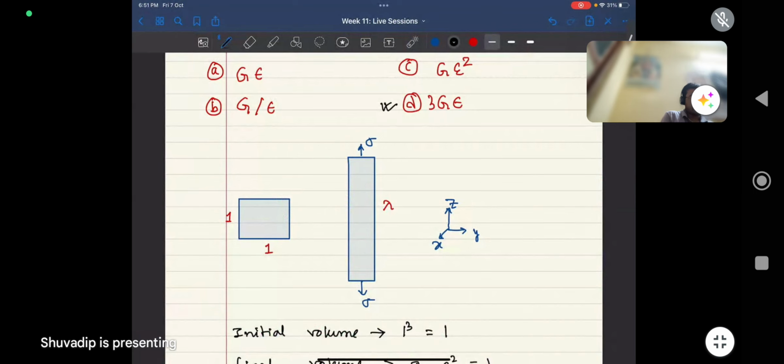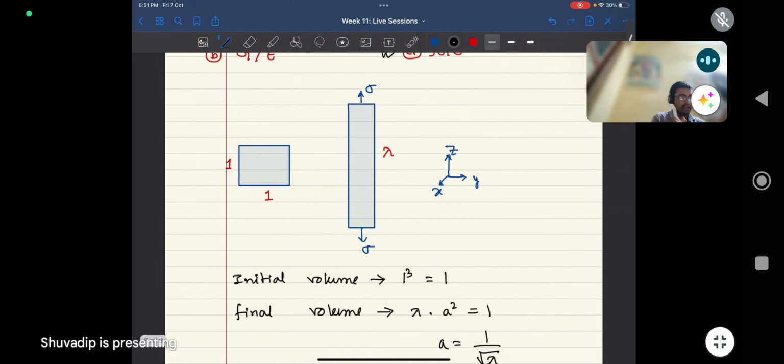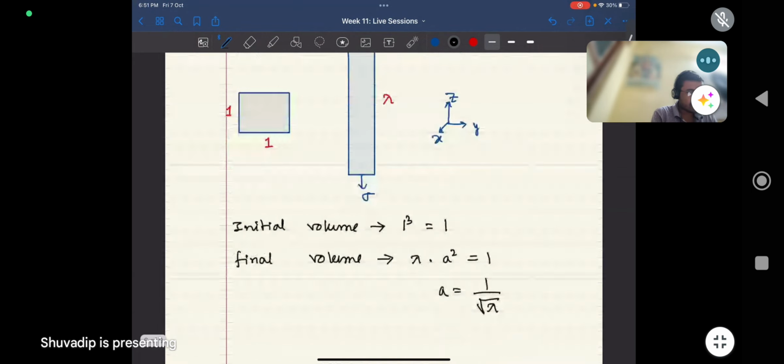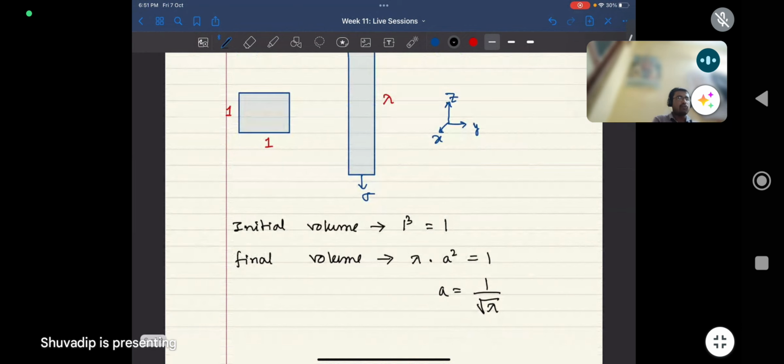Each side was unity. Now the z side is lambda, and because the volume is constant, the other two sides have to shrink, and we calculated the new x and y dimension, which is 1 by root lambda.